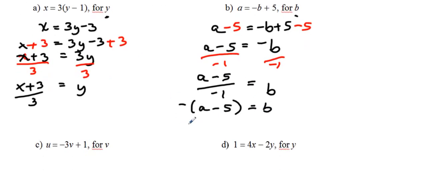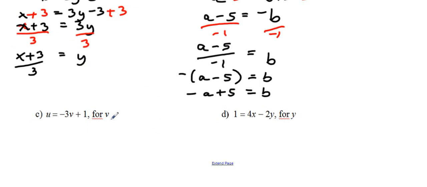And so I end up with negative a plus 5 equals b. The other way you can think about this is you can take each term here, a, and divide it by negative 1. Well, a divided by negative 1 is negative a, and negative 5 divided by negative 1 is plus 5. Okay.